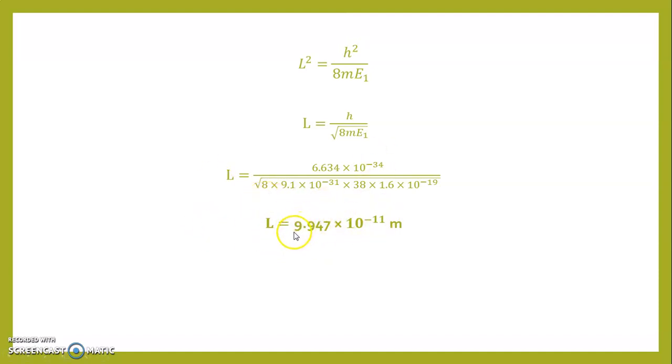It becomes 0.9947 into 10 raised to minus 10 meter, and 0.99 we can write as 1, and 10 raised to minus 10 is Armstrong. So your answer will be approximately 1 Armstrong.